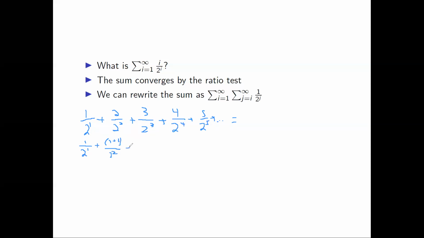And then this 3 over 2 to the 3, similarly, I'll write that as 1 plus 1 plus 1. And then finally, this 4, I'll do 1 plus 1 plus 1 plus 1. And then we'll do a dot, dot, dot after that.